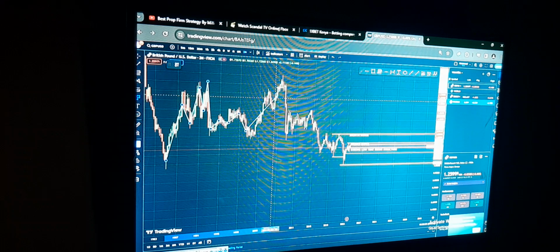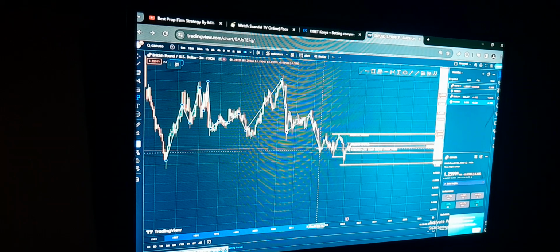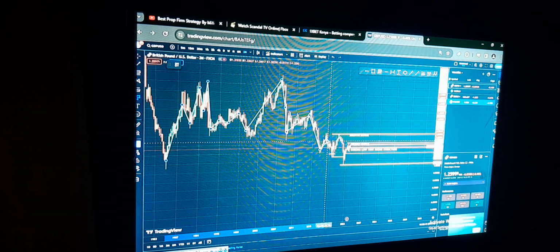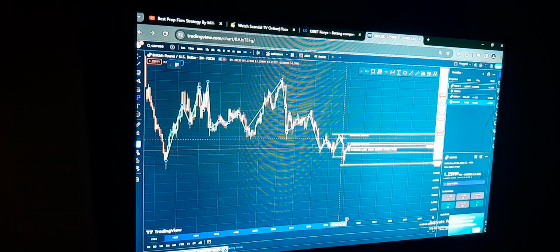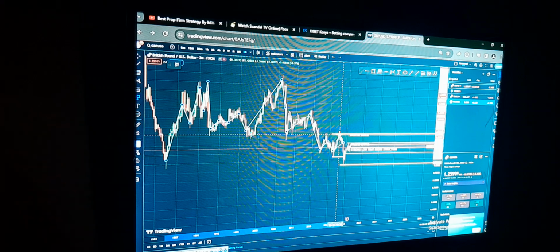Then down, right there, down, down, down, and here, this is the previous high that was responsible for the break of structure.